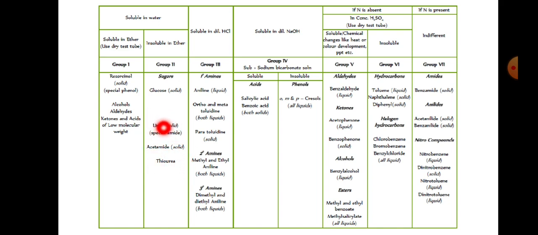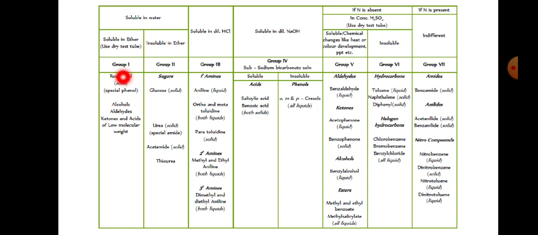Similarly for urea, the nitrogen test will be positive. Like that you will get a hint, and then based on the solubility you can categorize your compound into a suitable group. So by using this chart you can get an idea of what the identity of your compound could be.